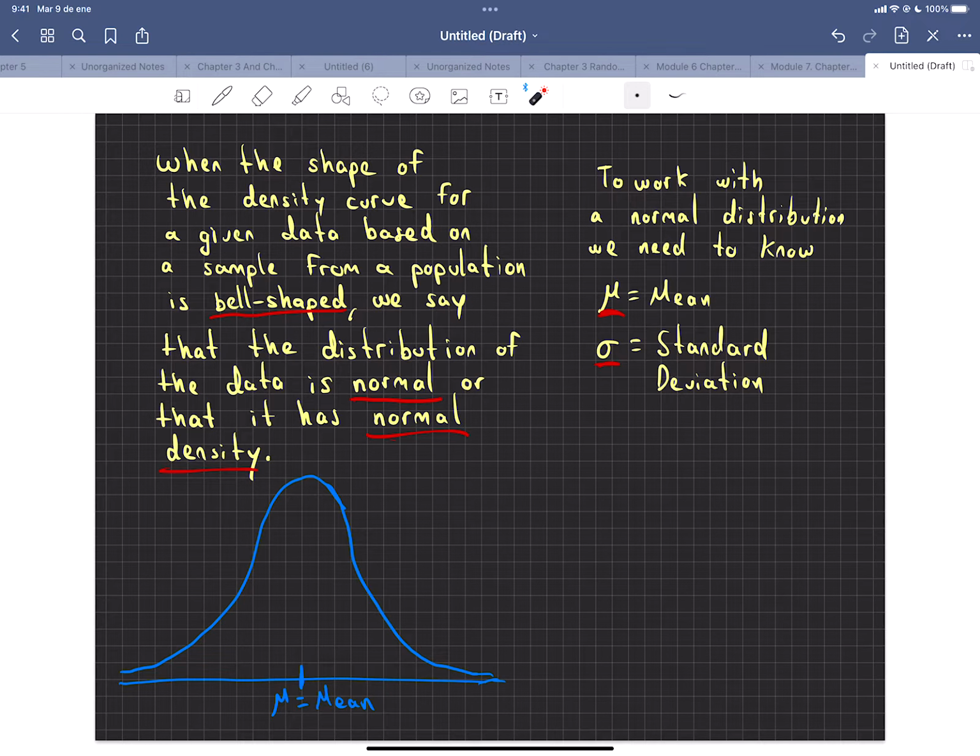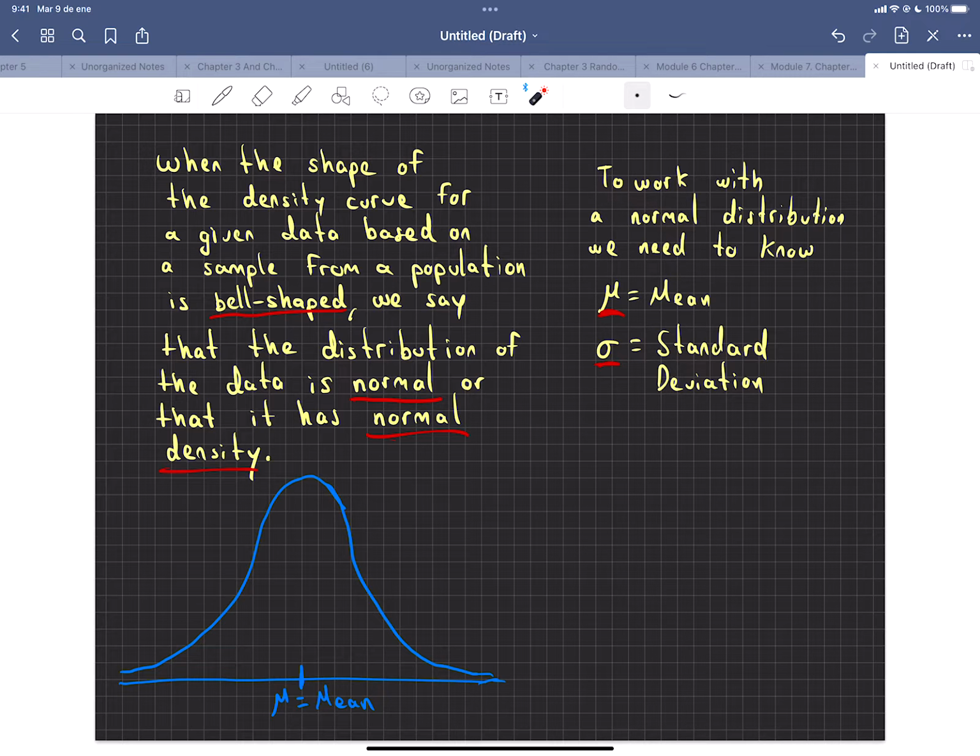By the way, this symbol is the Greek letter mu, and this symbol is the Greek letter lowercase sigma. Mu, sigma. But the point here is that they represent the mean and the standard deviation of the normal distribution. So we're going to need these two parameters to start working with a normal distribution.